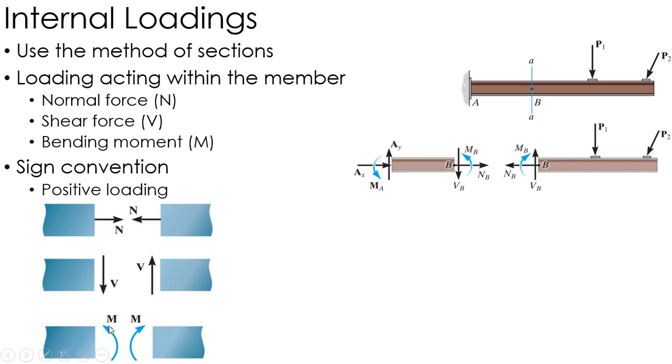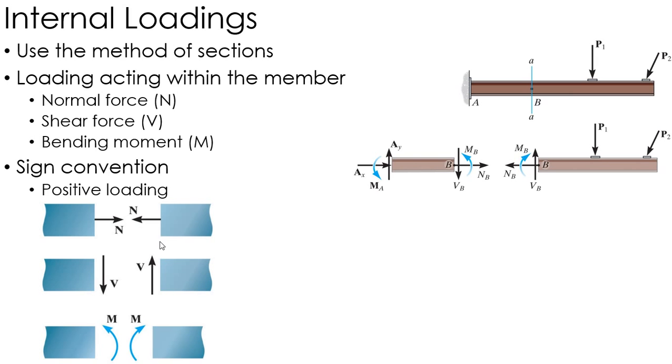Okay, and my bending moment, again, Newton's third law, they have to be in different directions. Okay, we call a positive bending moment one that essentially causes the beam to bend upward. Okay, so that's the sign convention. Again, it's not super critical at this point to get those signs right, but that's how you do that.